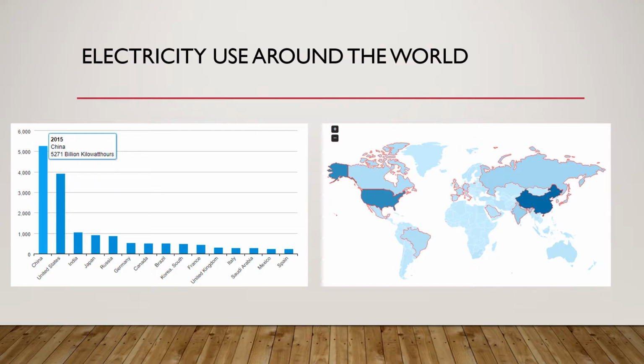In terms of numbers, on the left here, we can see that in 2015, China had the highest consumption of electricity, about 5,271 billion kilowatt hours, and second, just below 4,000 billion kilowatt hours for the United States. Besides those two countries, most of them use less than 1,000 billion kilowatt hours.